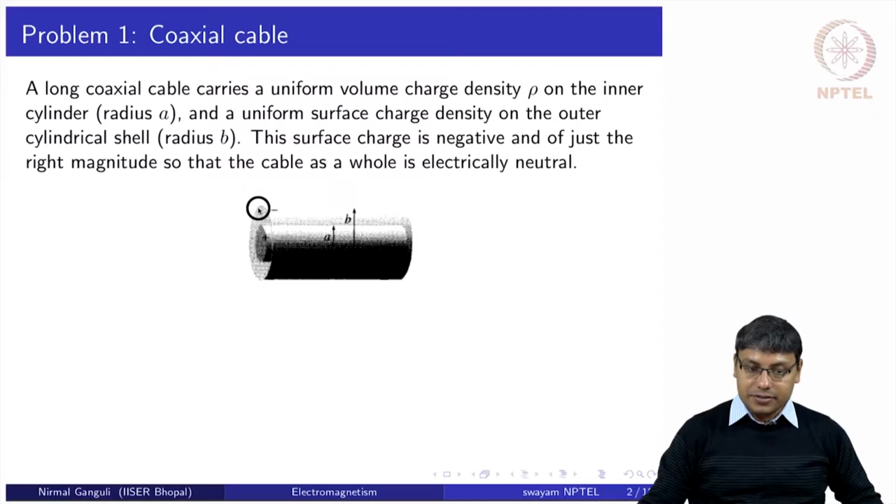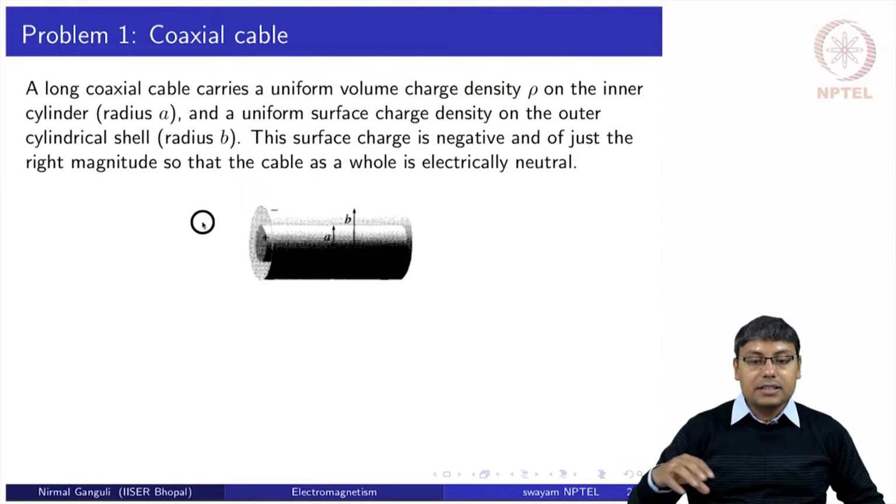So, that is only surface charge density, we can call it sigma, but the surface charge density is negative, rho is positive, the volume charge inside the inner cylinder is positive and the surface charge is negative, and it is of the right magnitude that makes the entire cable electrically neutral.